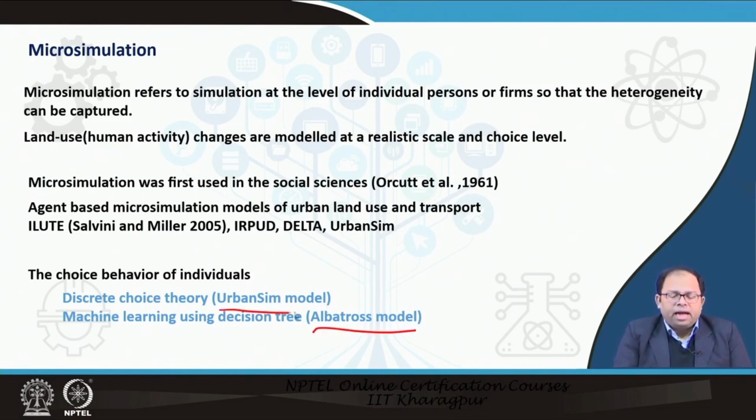So we are gradually moving into the domain of machine learning to predict choices as well. Both discrete choice and machine learning approaches are used, and we already have different model systems following these approaches, incorporating microsimulation, which refers to the decision of individual persons or farms for every choice they make in an urban area, and that results in the overall urban land use structure and form.